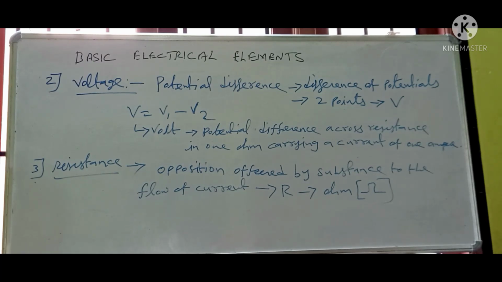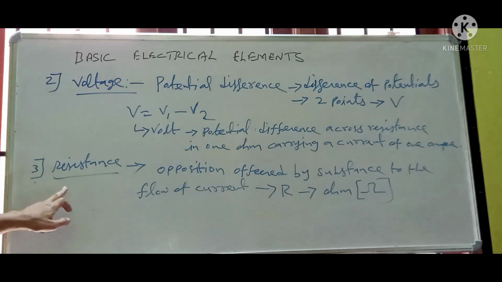That is, when current flows through a current carrying conductor and its resistance is 1 ohm, the voltage is given by I equal to V by R. With 1 ampere current flowing through a conductor of resistance 1 ohm, the voltage equals I into R.